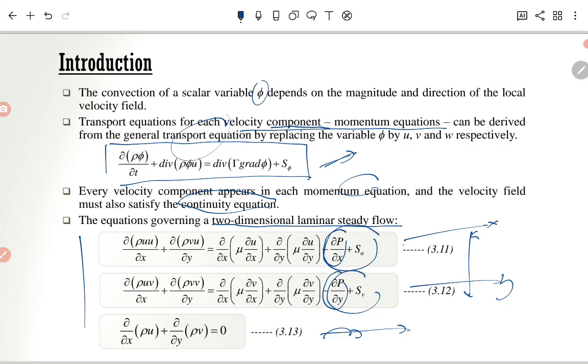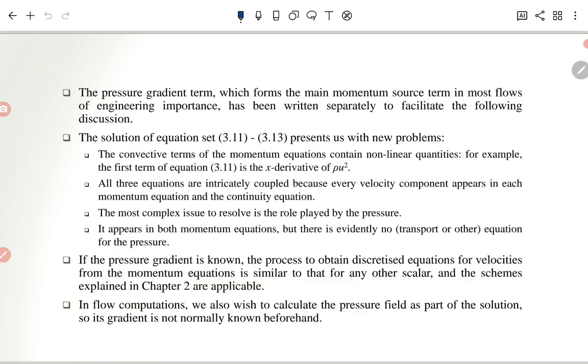we have new problems that occur with this new set of equations. Okay, firstly, I said two new problems, but here I wrote four. Never mind.